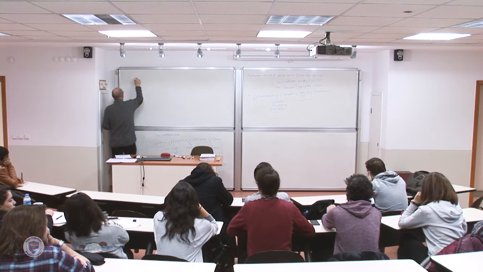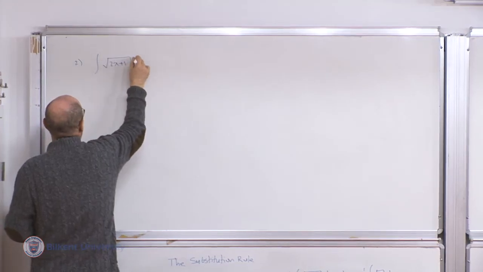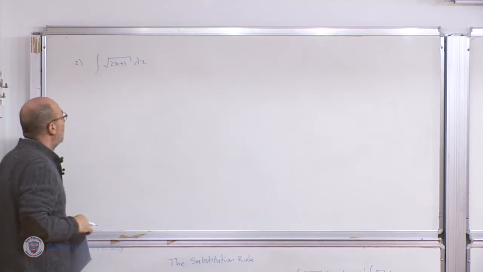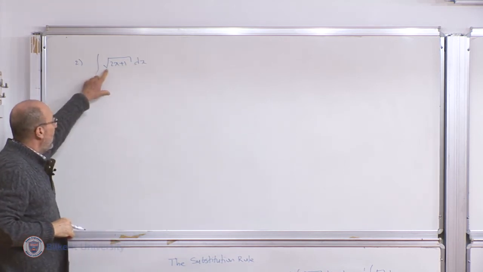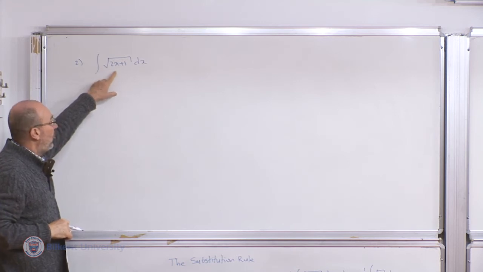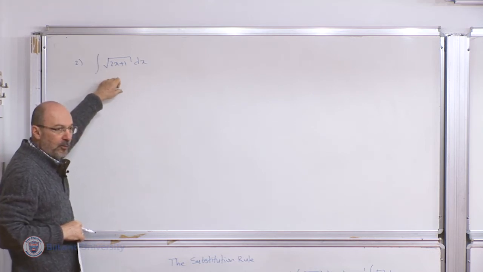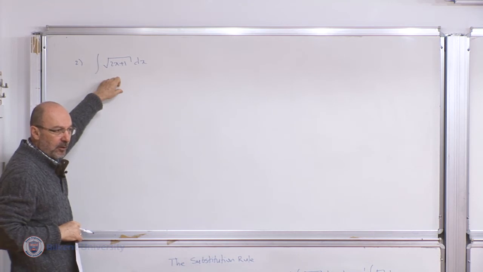So sometimes life is easier. We have the integral of square root of 2x plus 1 dx. Again, I know how to find an antiderivative of square root, but square root is composed with the function here. So we try to play on that composition.